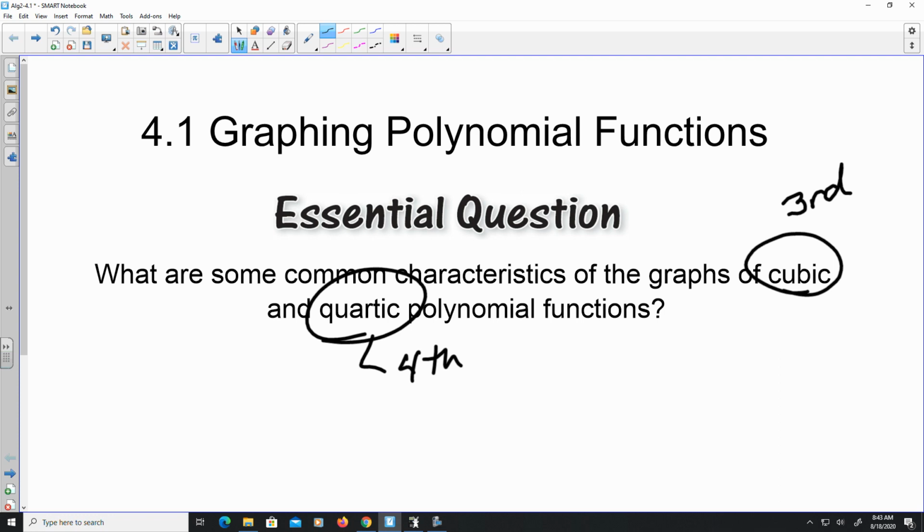We've spent quite a bit of time with quadratic functions and linear functions, and this is just the next progression in those graphs.